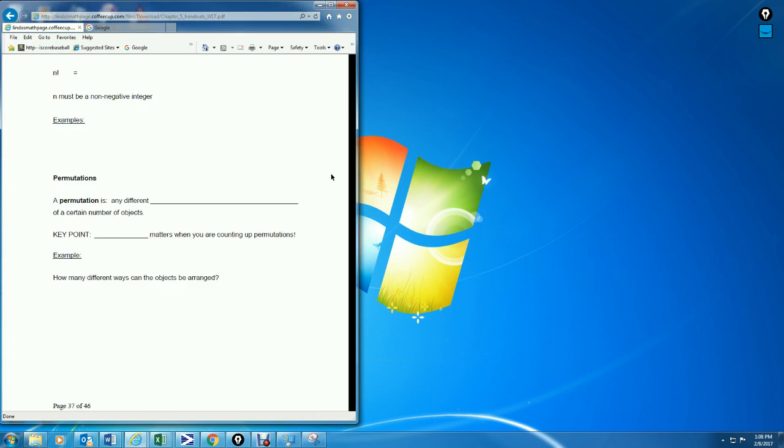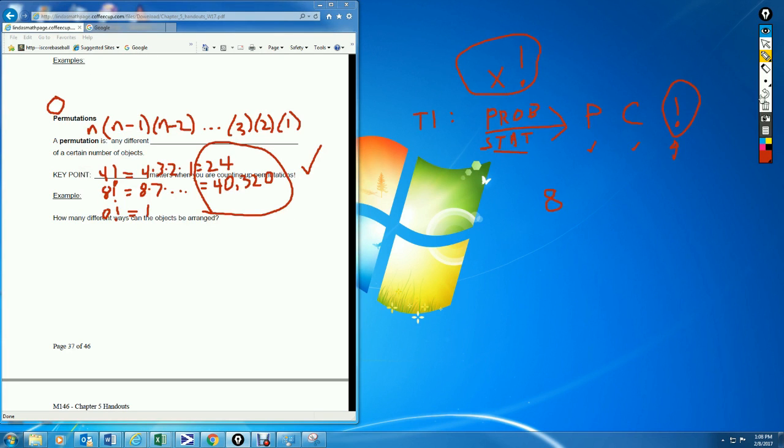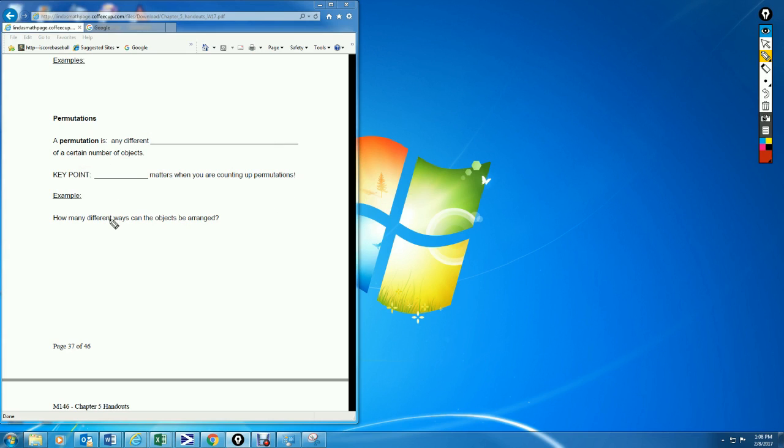All right, so I will go ahead now and talk about permutations. A permutation, just the definition, is any different arrangement or sequence or ordering of a certain number of objects, whatever the objects are.